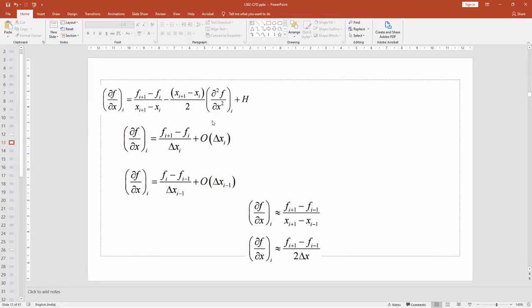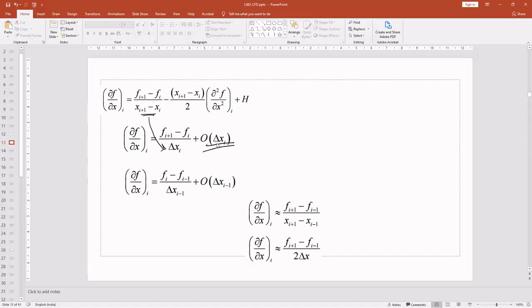This we can reduce, and I am writing x of i plus 1 minus xi as delta xi. So the equation becomes dou f by dou x at i is equal to f of i plus 1 minus f of i by delta xi plus the terms in order of delta xi.